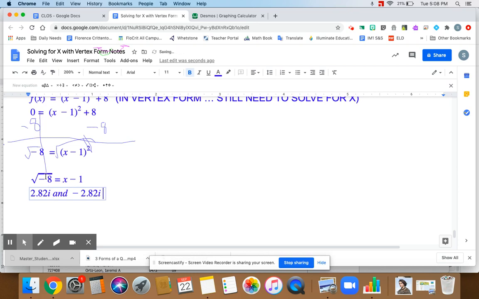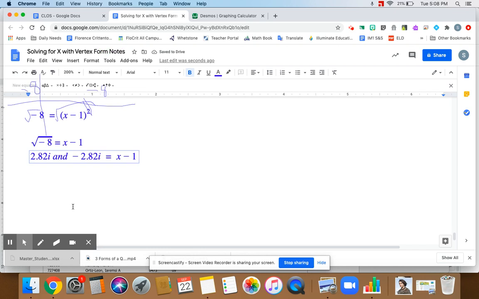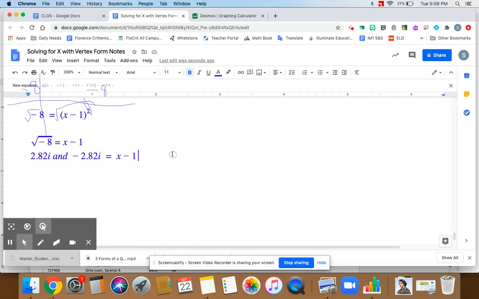So that still equals x minus 1. So how am I going to finish up solving for x? I have to get rid of the minus 1, and how am I going to do that? By adding 1, because that will eliminate it here, and I have to add 1 to both of these.